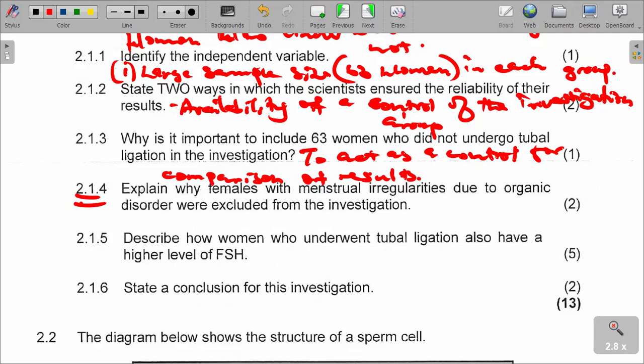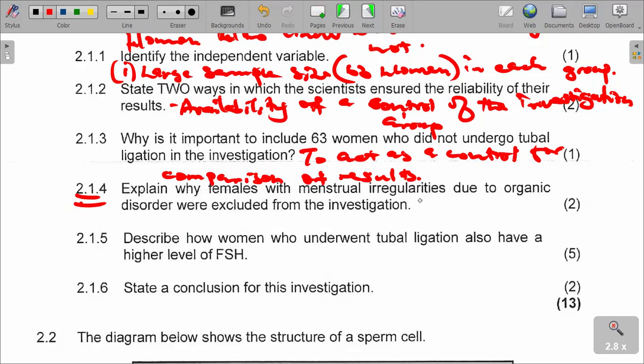I had already mentioned that these women were also excluded because their follicle stimulating hormone levels would already be abnormal, which can also interfere with the accuracy of the results.